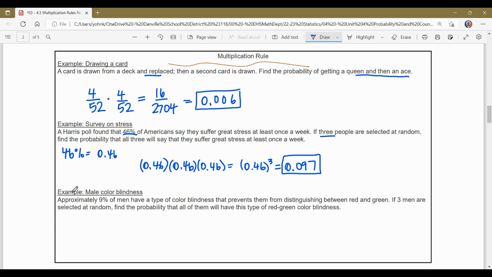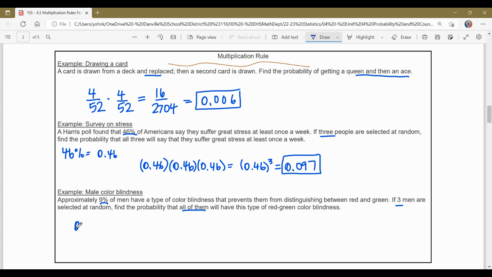All right, male color blindness. Approximately 9% of men have a type of color blindness that prevents them from distinguishing between red and green. If 3 men are selected at random, find the probability that all of them will have this type of red-green color blindness. Well, each of the 3 people are independently colorblind from each other, so one is not going to influence another.